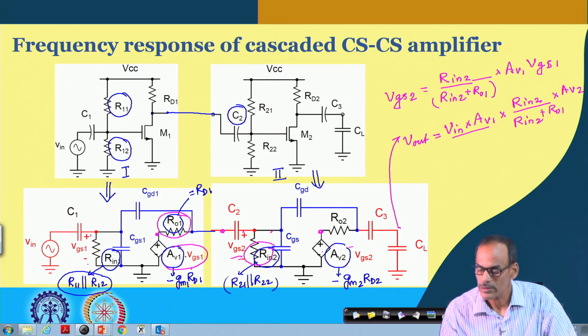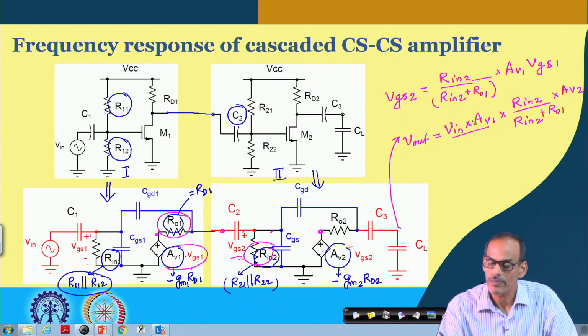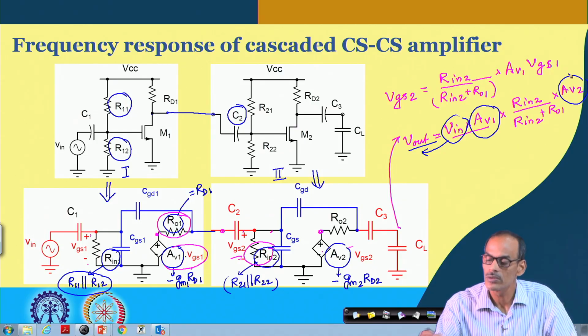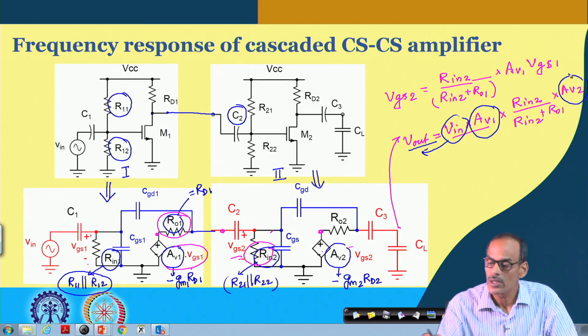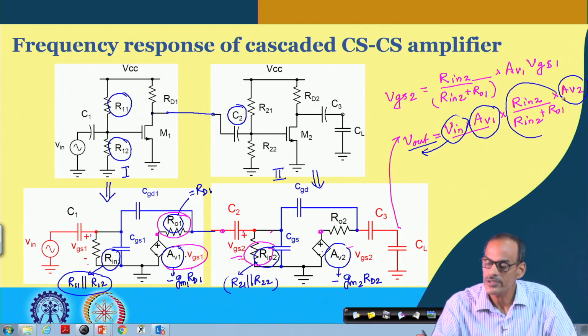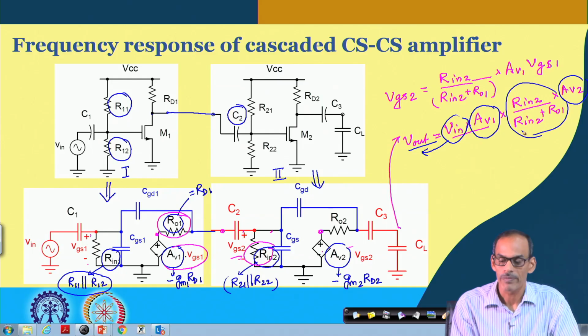If I take AV1 in the denominator, that gives the gain. So the original gains AV1 and AV2 come from the two stages, and in addition we have this attenuation factor.